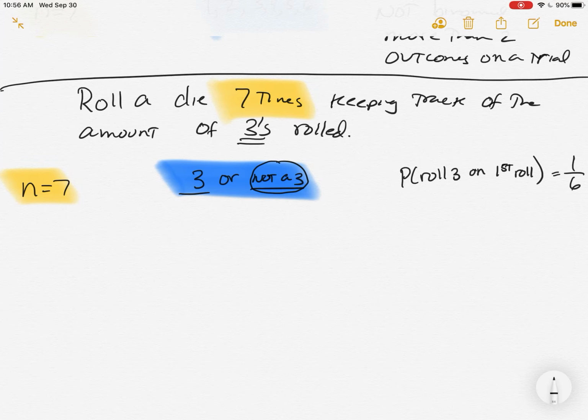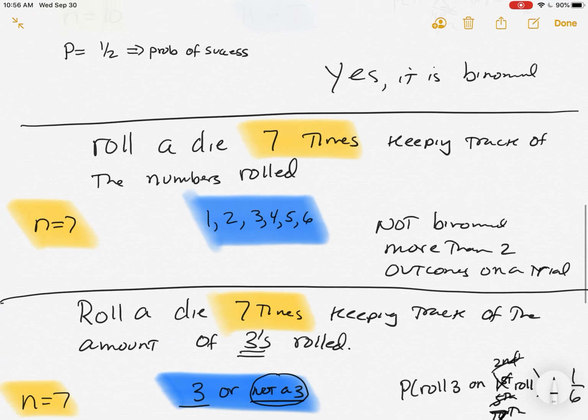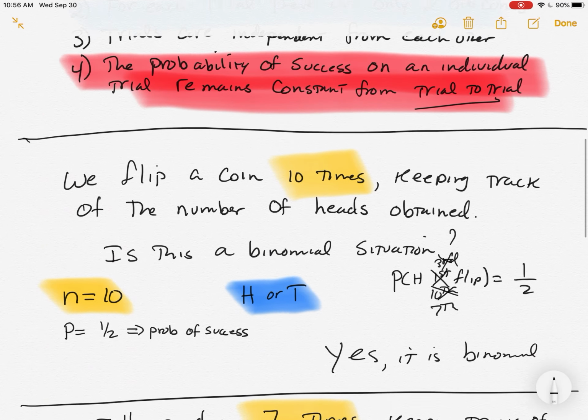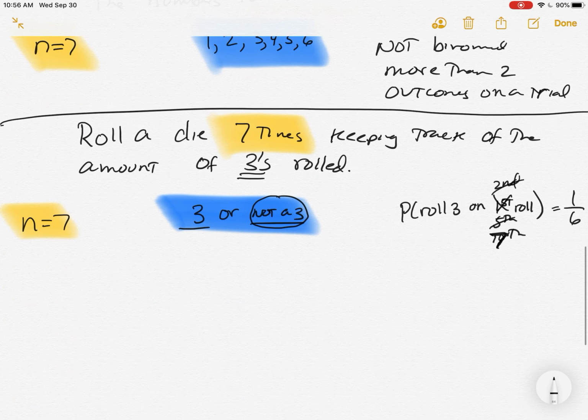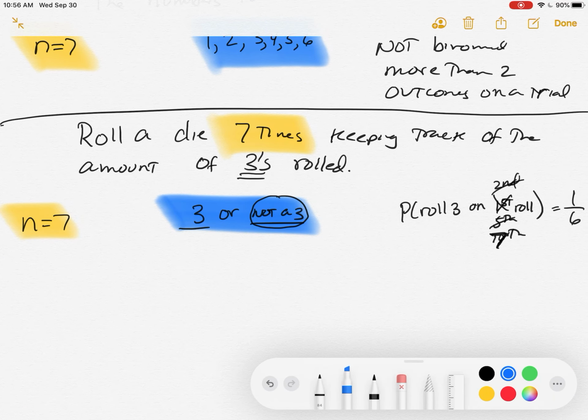It's one option out of 6 things that could equally come up. That would be the same on the second and on the 5th, and on the 7th. All of them would be 1/6. So the probability is remaining constant from trial to trial. That's the red one.